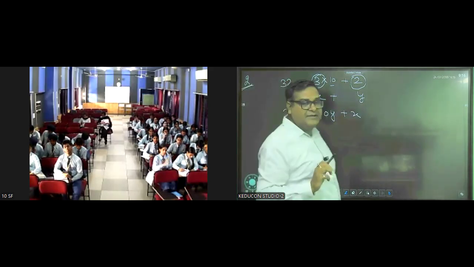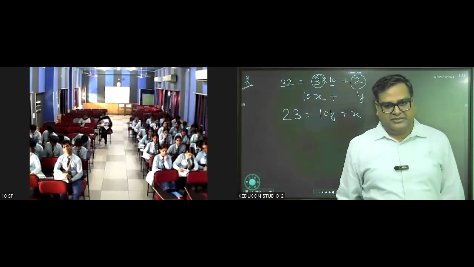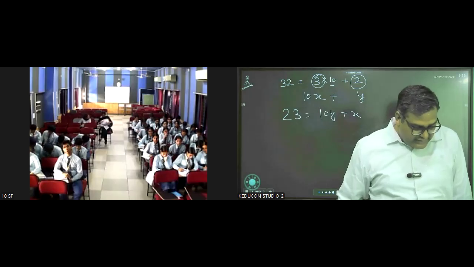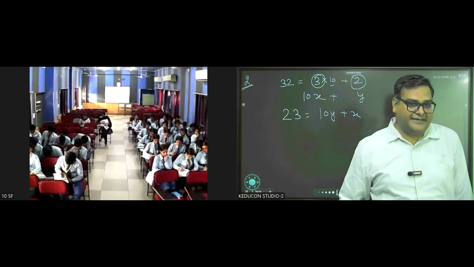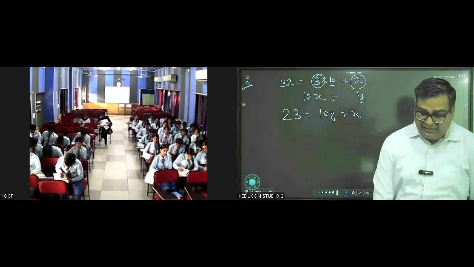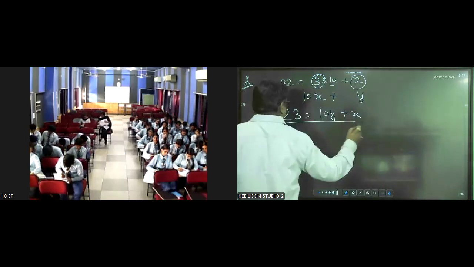This concept is very important whenever you are doing a 2 digit number. Now the question is, a 2 digit number is such that the product of its digits is 20. Now it has been given the product of its digits is 20.